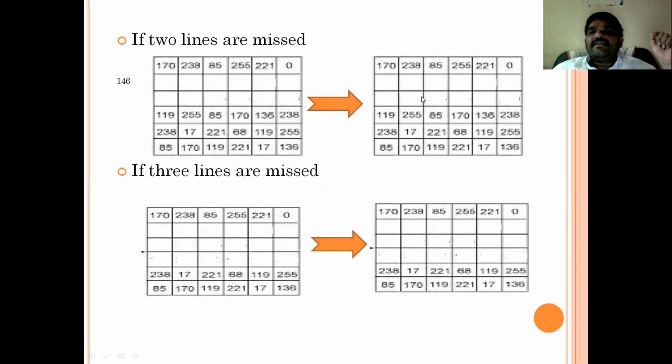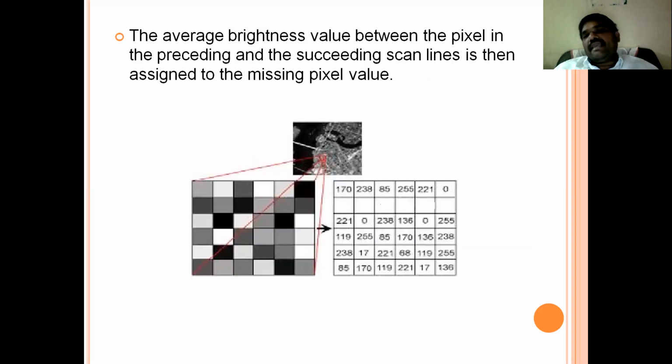If two lines are missing, the first line values are repeated from the previous line, and once we get the previous line values, by adding the previous line and subsequent line, the result is averaged by 2, and the value will be in the second line. The value whatever we got will be depicted in the respective pixels of the line. This is what about removal of missing scan lines.